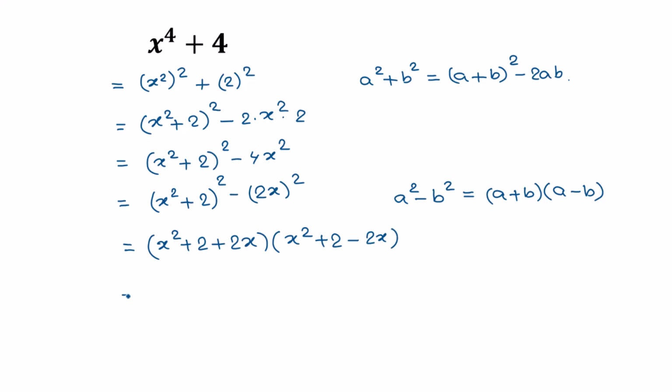Now rearranging this, we will get x square plus twice x plus 2, and rearranging it, we will get x square minus twice x plus 2, and this is the factor of x to the power 4 plus 4.